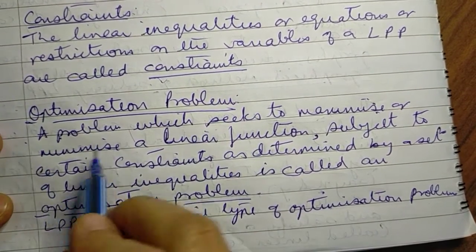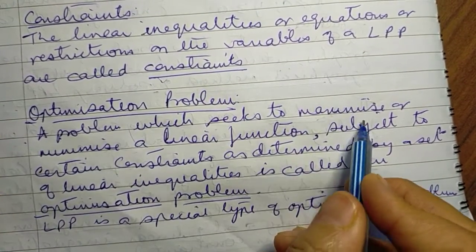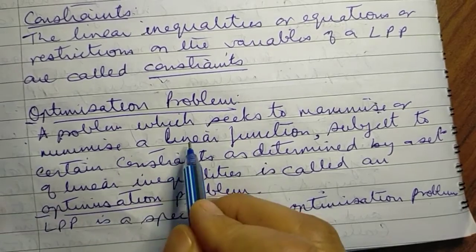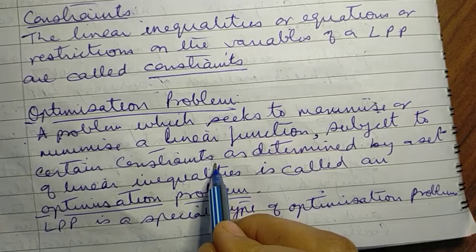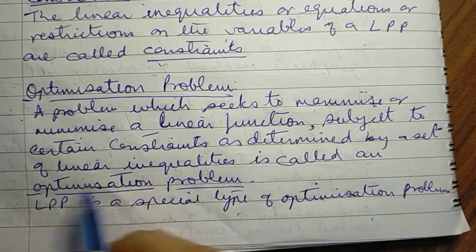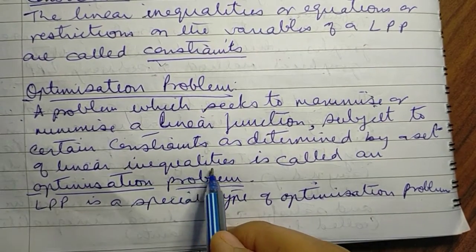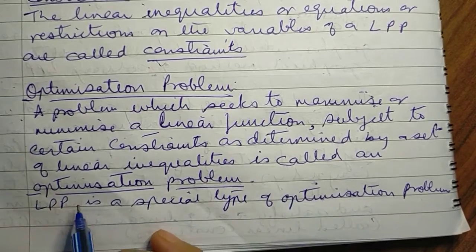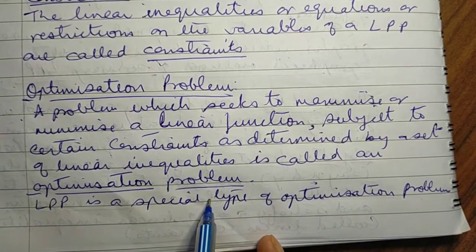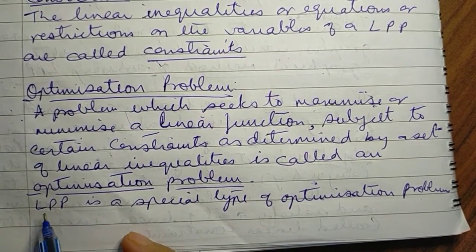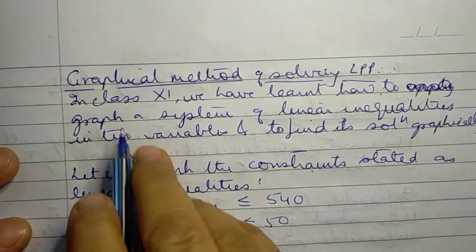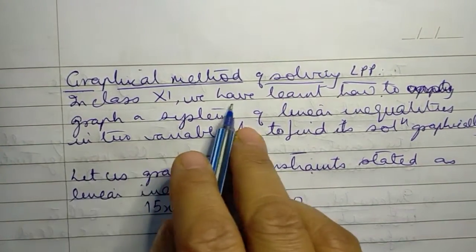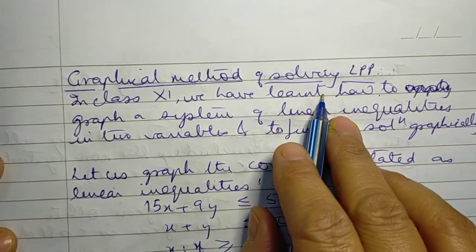Optimization problem: a problem which seeks to maximize or minimize a linear function subject to certain constraints as determined by a set of linear inequalities is called an optimization problem. An LPP, that is a linear programming problem, is a special type of optimization problem. Let us now consider the graphical method of solving LPP.